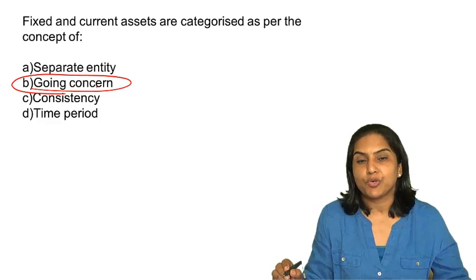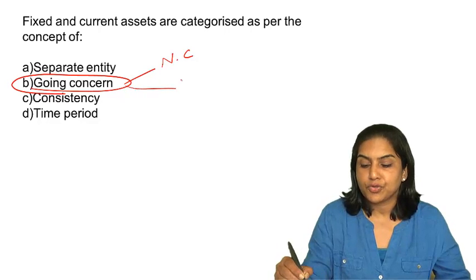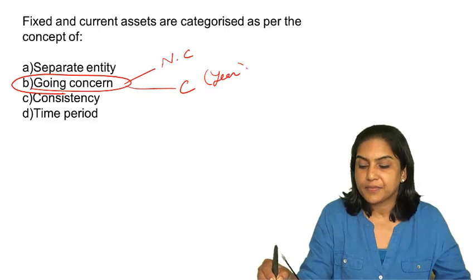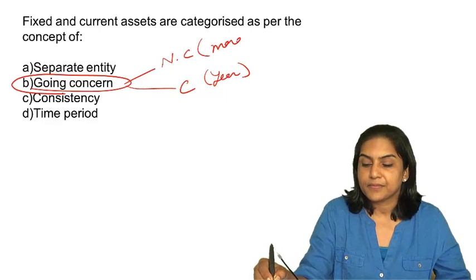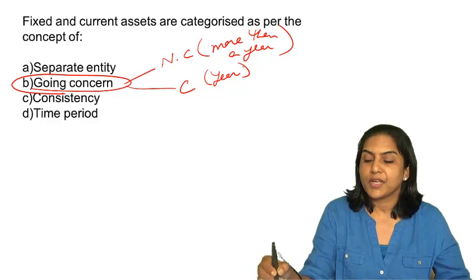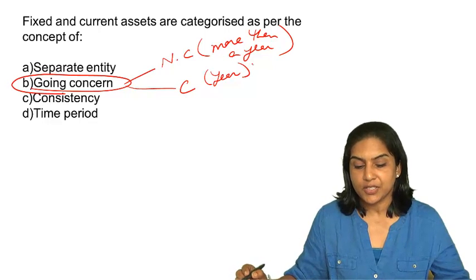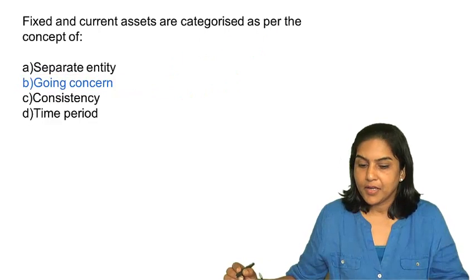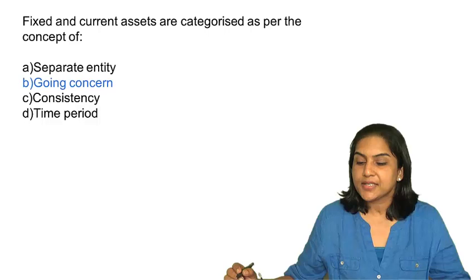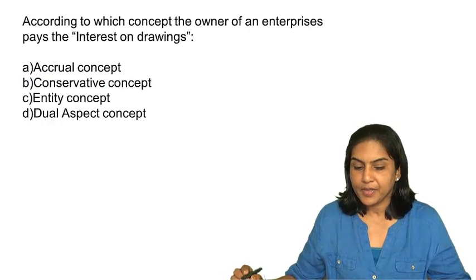If it's going to be used for more than a year, then it is non-current. And if it is going to be used within the year, it is current. So the assumption that there will be more than 1 year is a going concern concept. So fixed and current assets are categorized as per the concept of going concern.